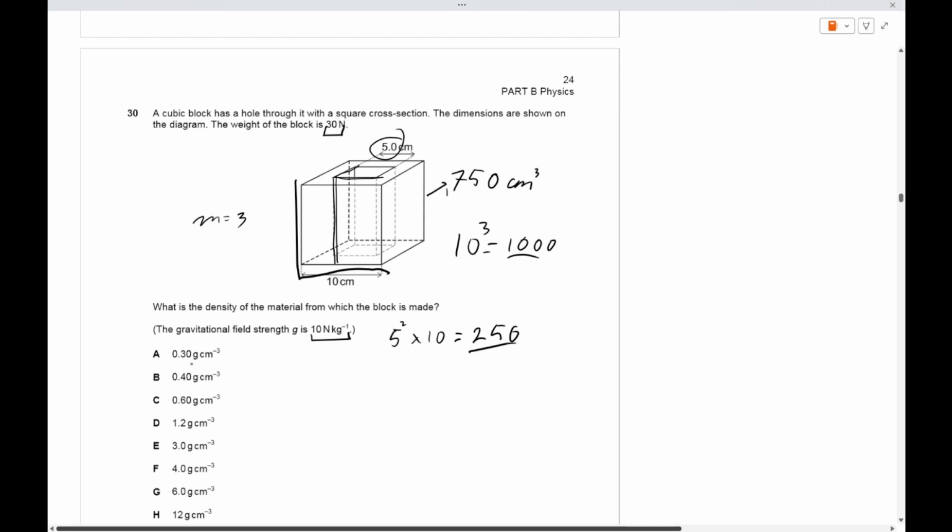But notice how the mass is in kilograms and the volume is in centimeters cubed, so we have to convert this into grams. So it's going to be 3,000 grams divided by 750 centimeters cubed. That is equal to 4, which is F.